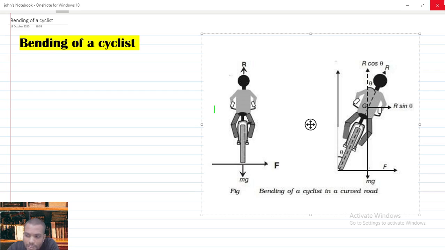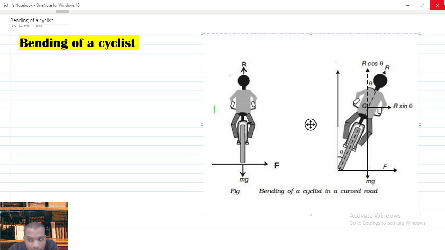The force of friction between the tires and the road is too small to provide the necessary centripetal force. So here friction does not help us at all.